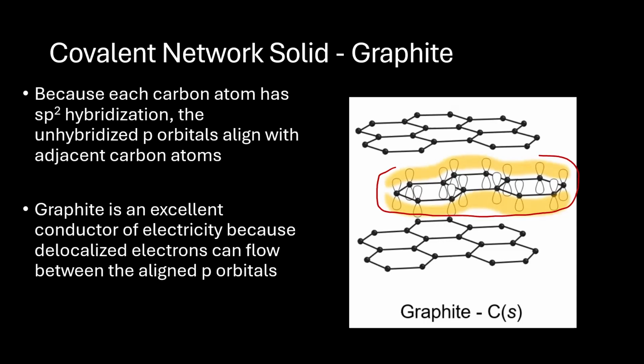You have your sp2 hybridization, and the loops are your unhybridized p orbitals. They line up with your adjacent layers, and that's what holds them together and allows those electrons to freely flow between them. And so those delocalized electrons allow it to be a good conductor of electricity, because the p orbitals are letting those electrons flow between the carbon atoms.